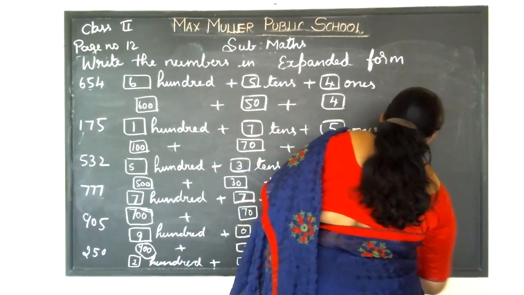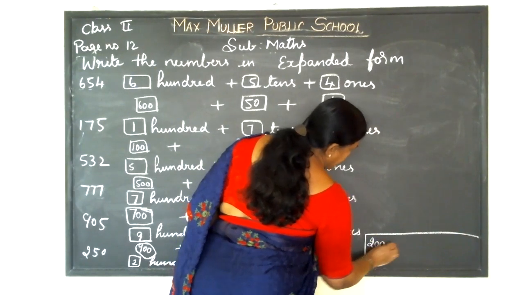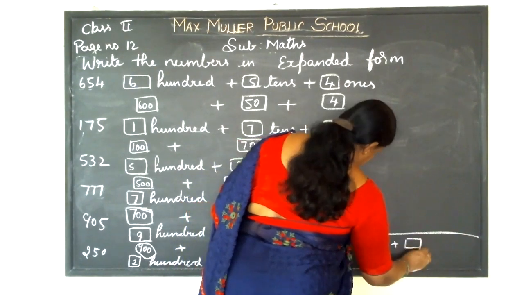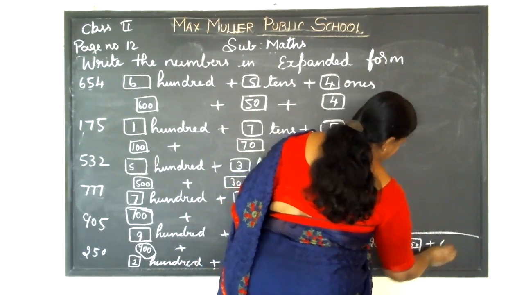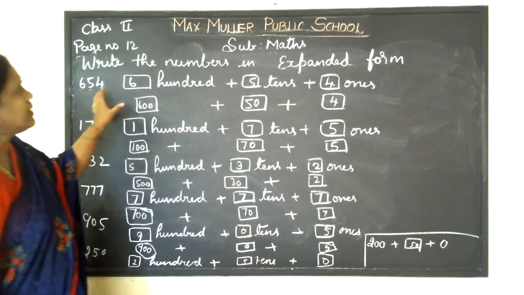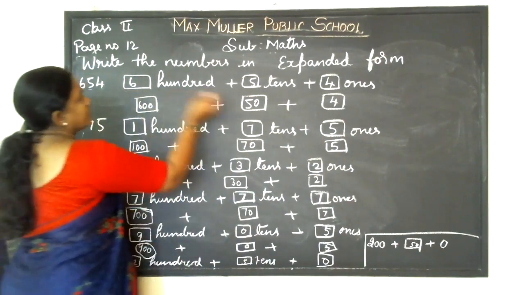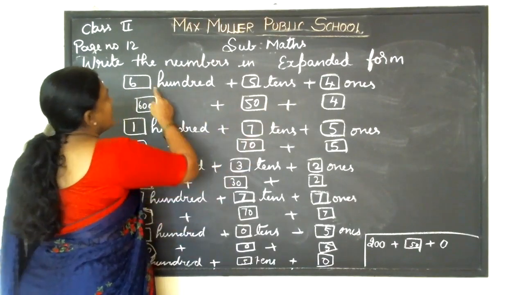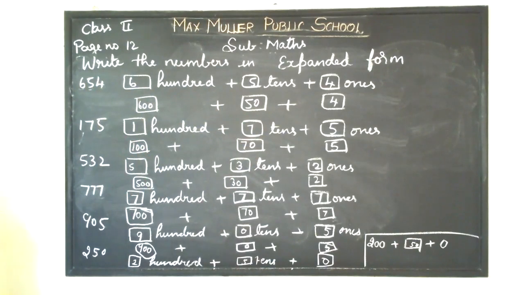For this 200 plus 50 plus 0. See the given number, you want to write the expanded form. Expanded means you want the long method. Long method means you want to write like this. Finish it neatly. We'll go to the next main.